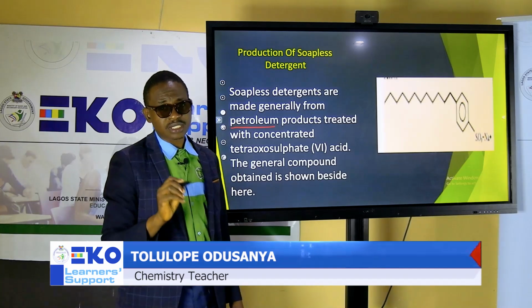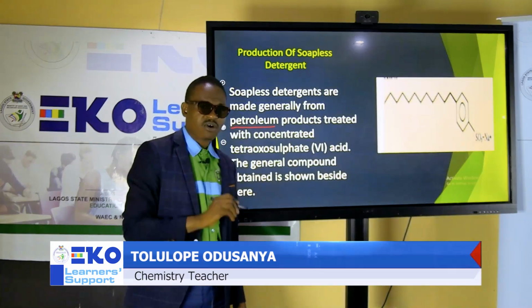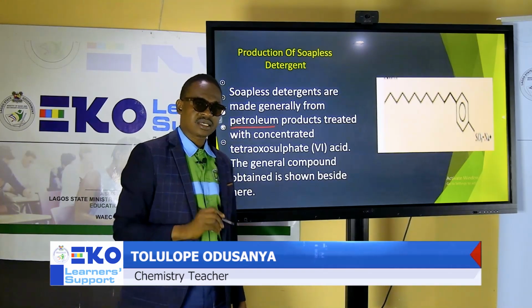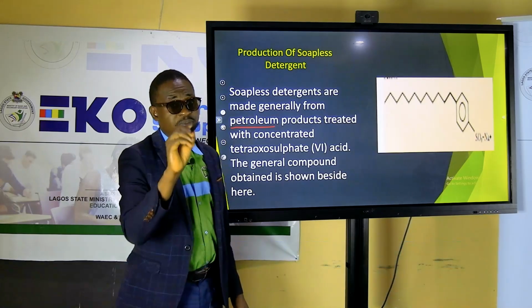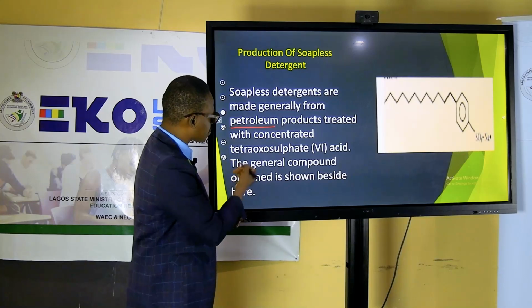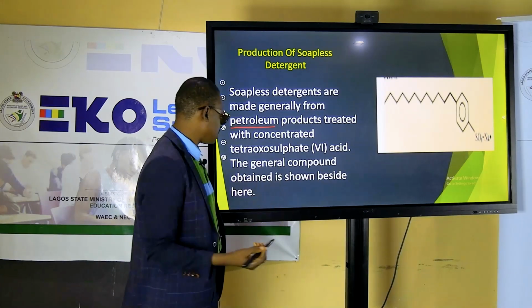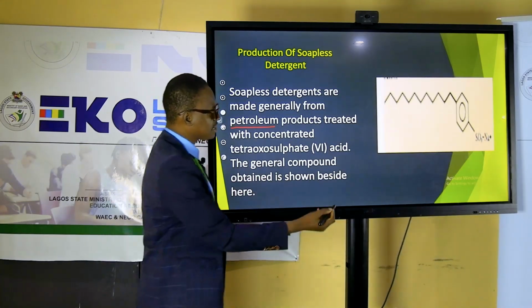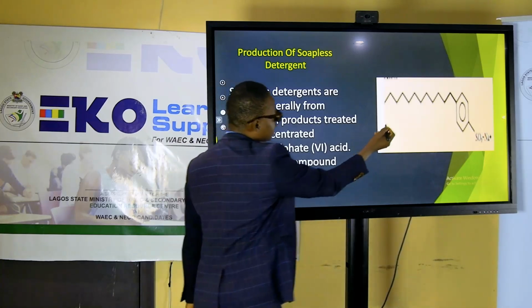Remember I told you that they are made from waste of crude oil or petroleum. Therefore, reacting them with concentrated tetraoxosulfuric acid, and this gives the structure here.